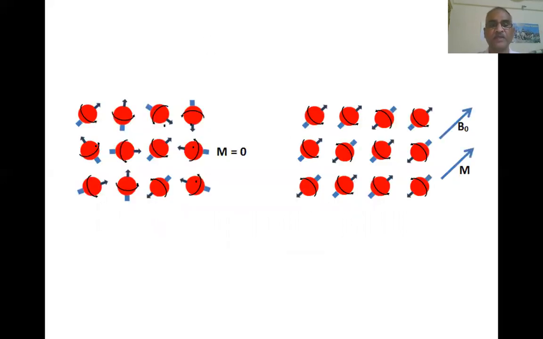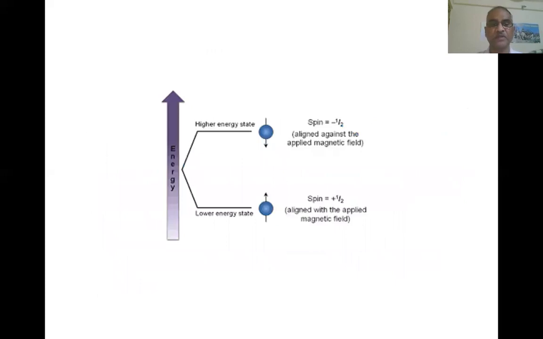In this diagram, you can see that randomly oriented nuclear spins become aligned, some of them parallel, some anti-parallel to the field. This is the splitting of energy levels. One is a lower energy state, the other a higher energy state.